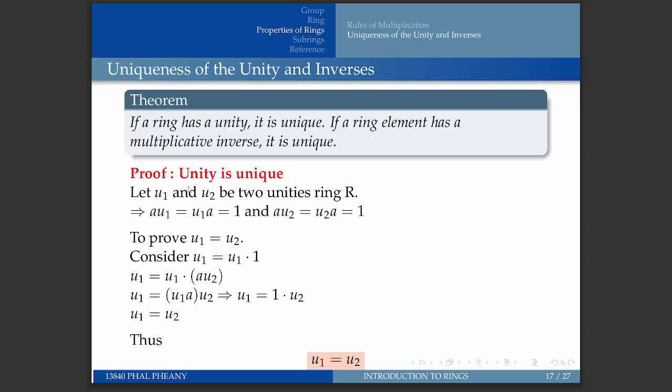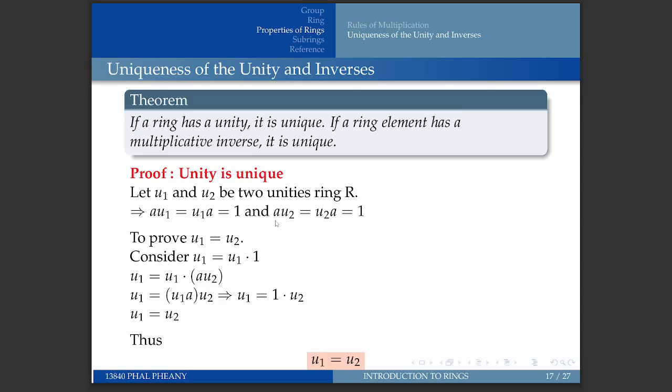So first part, I would like to prove unity is unique. Suppose we have two elements, U1 and U2, be unity of the ring R. Then by the definition of unity, we can write A times U1 equal to U1 times A equal to A. Since the ring is commutative, we can write this in this way.